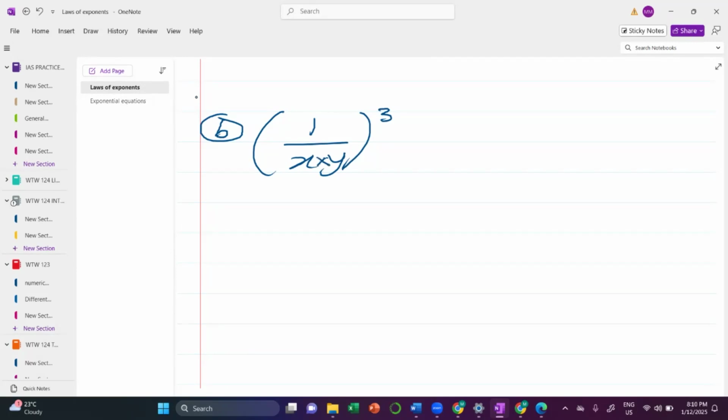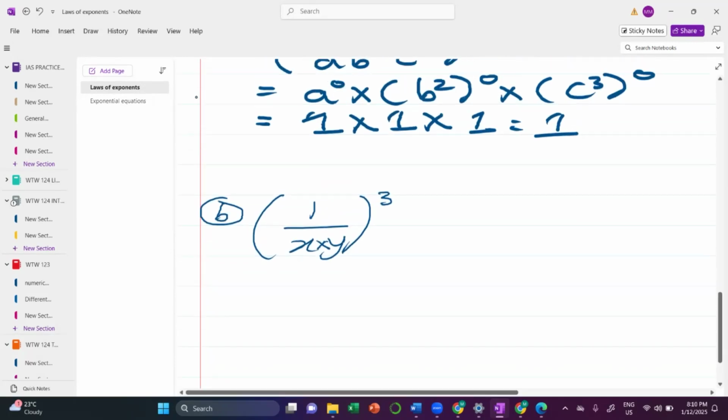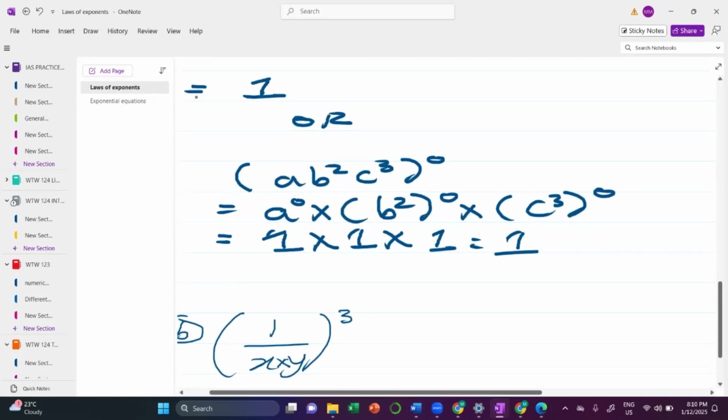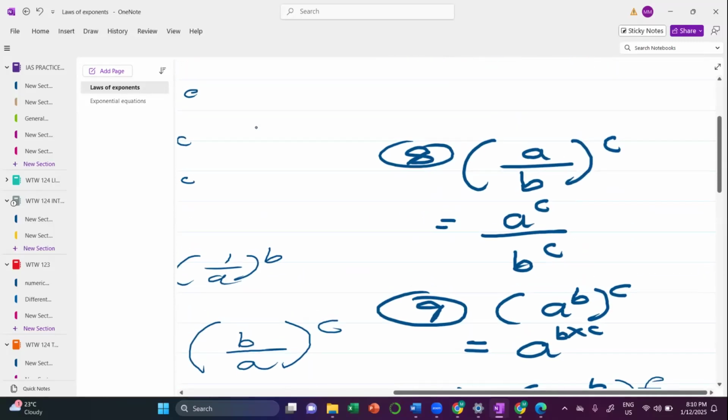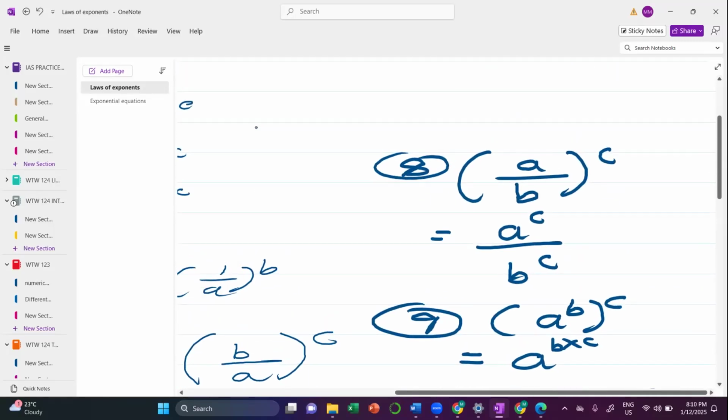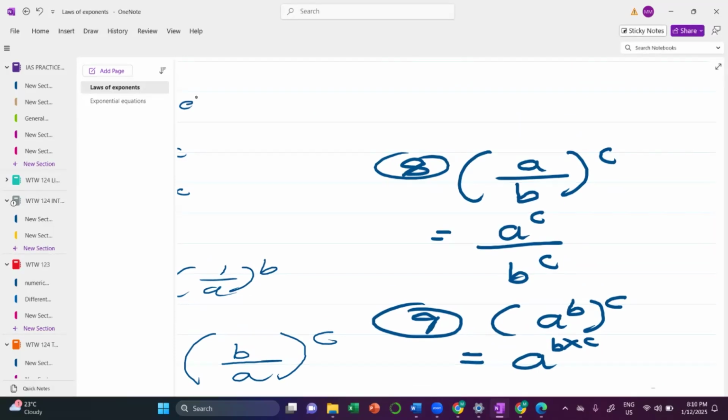So what I'm going to do, according to this law of number 8, I'm just going to take whatever is at the top and give it the exponent that is outside the bracket. And I'm going to take whatever is on the denominator and give it the exponent that is at the top.